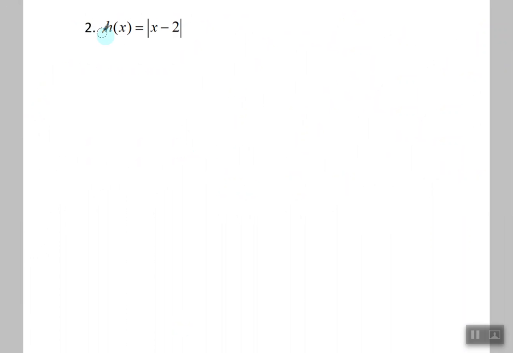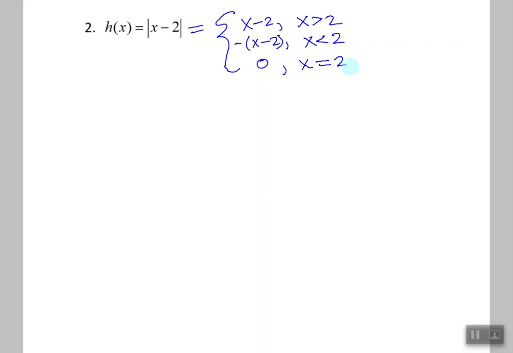Let's find the critical numbers of h of x equals the absolute value of x minus 2. Now, we can't take the derivative while we have the absolute value there. So let's rewrite what this really means as a piecewise function. This means x minus 2 for all x values greater than 2, negative of x minus 2 for all x values less than 2, and 0 for all x values equal to 2.